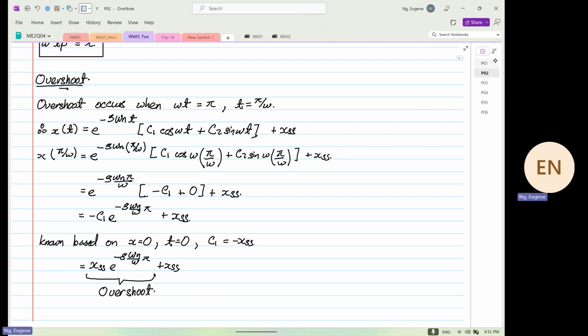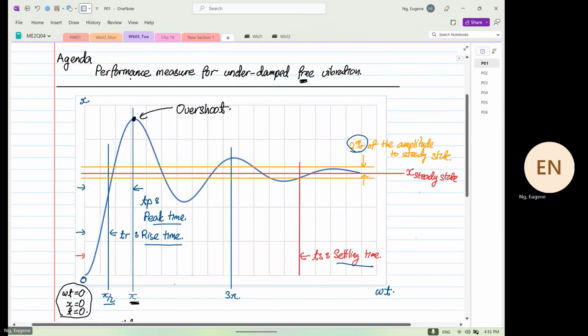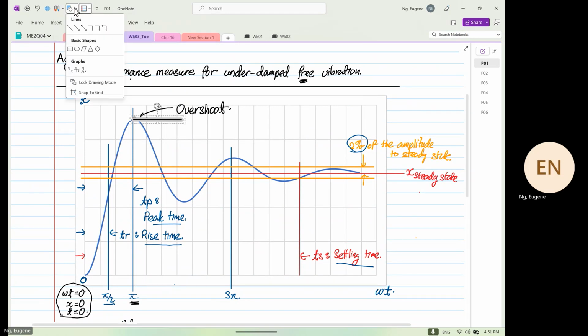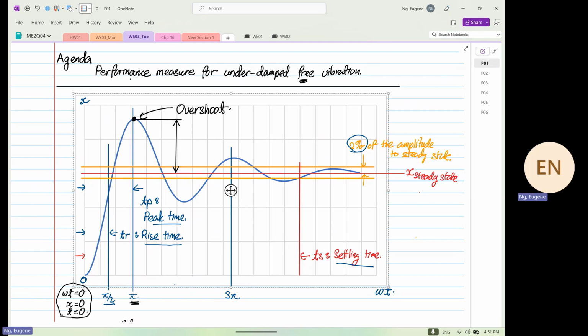So by looking at this function, we realize that this is coming back to this diagram over here. So I'm going to draw the arrow now. This expression over here is our XSS E minus zeta omega n over omega multiplied by pi. Okay.